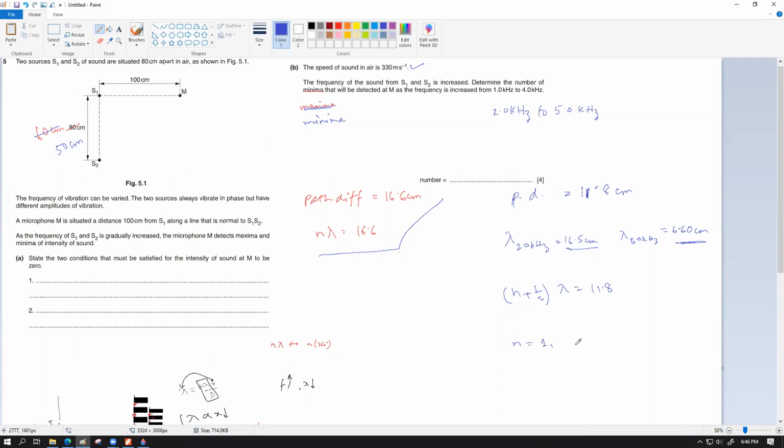Sir, 1. 1 এর জন্য আমাদের lambda value আসছে হচ্ছে কত? 7.8. Which fell, everything else fell out. So that's basically what we are trying to achieve here.